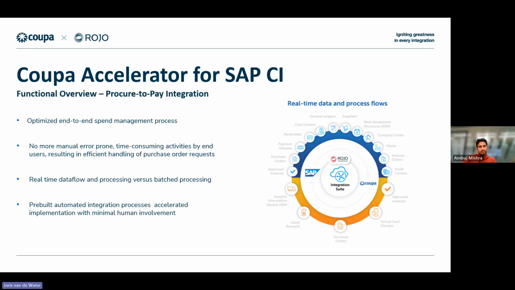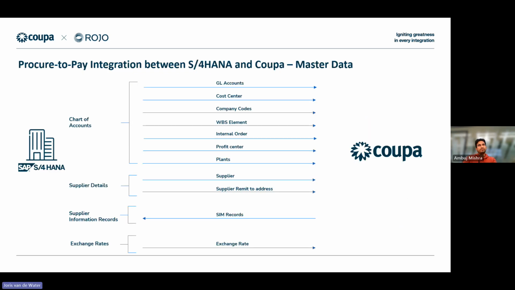Let's have a look at what are the scenarios which we are already covering as part of our Coupa accelerator. So we believe that this set of integrations provides coverage for 80% of your functional requirements. And these are some of the objects which we are integrating through our pre-packaged content.